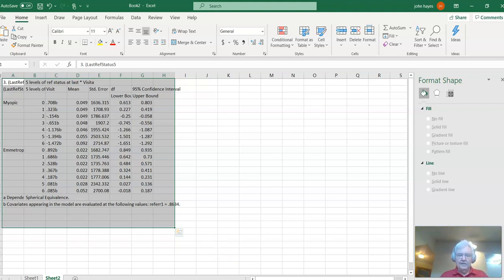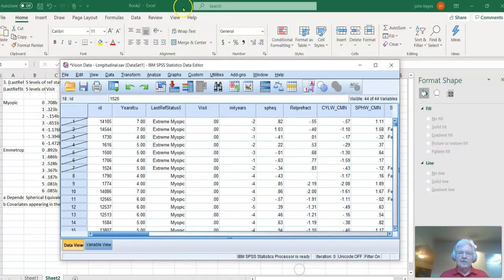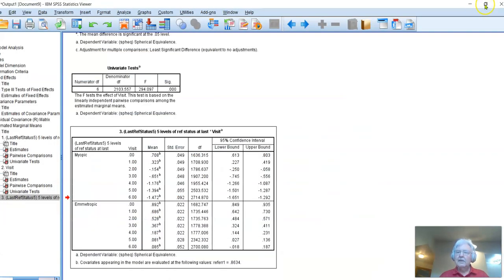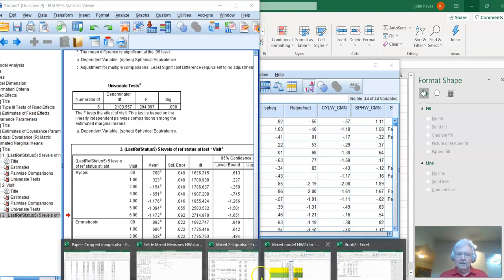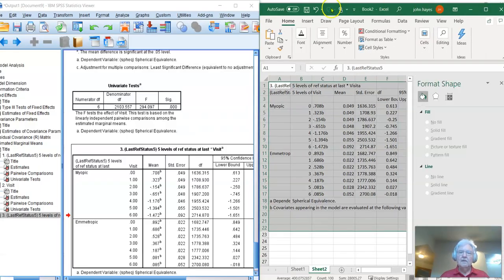So that's in there. Let's go back here. Let's go to our vision data or even our output screen. Let's shrink that down a little bit. Let's bring Excel up into here. All right, now we're set to go.